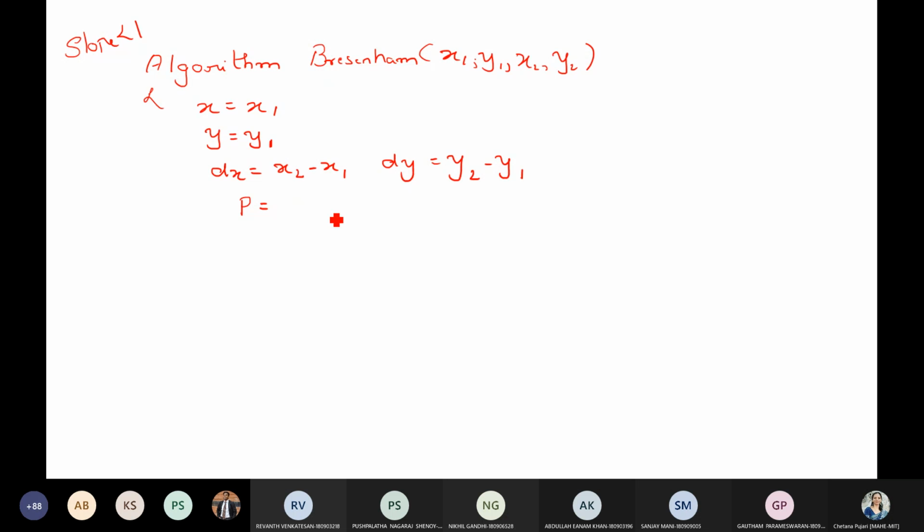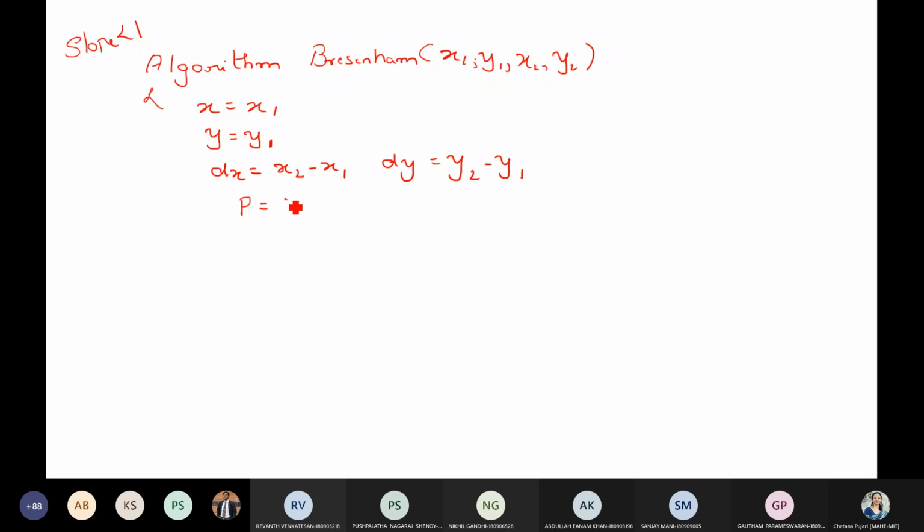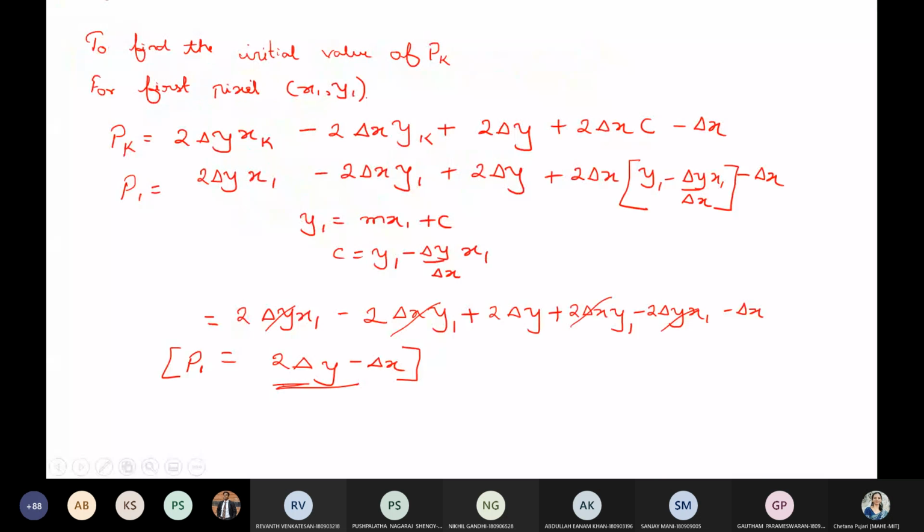So what is the initial decision parameter value? We just calculated the initial decision parameter value in the previous slide, which is 2 delta y minus delta x. So that we are going to use over here. It's 2 delta y, sorry.